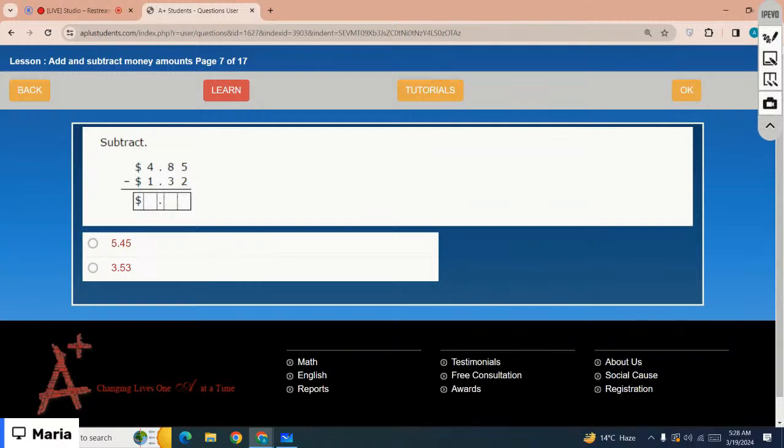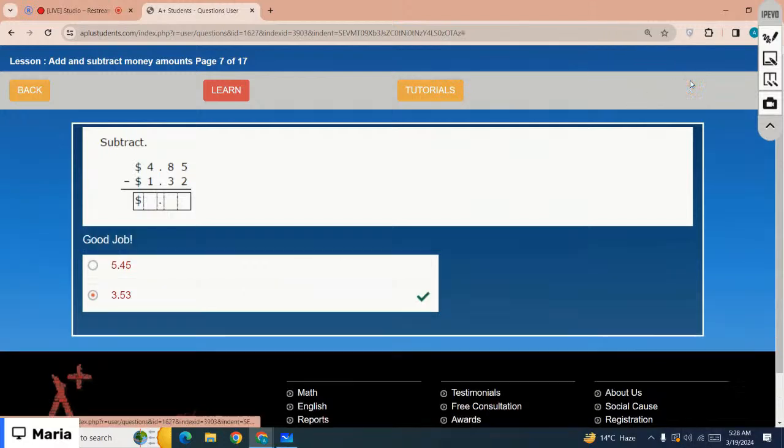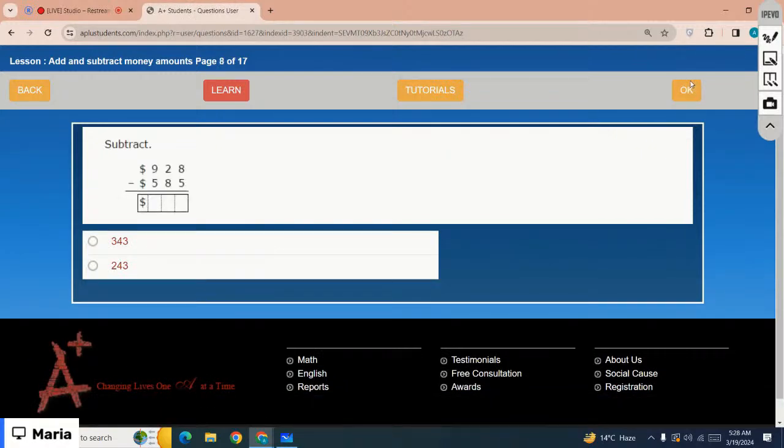That is $3.53. The correct option is option number 2. 928 minus $585.